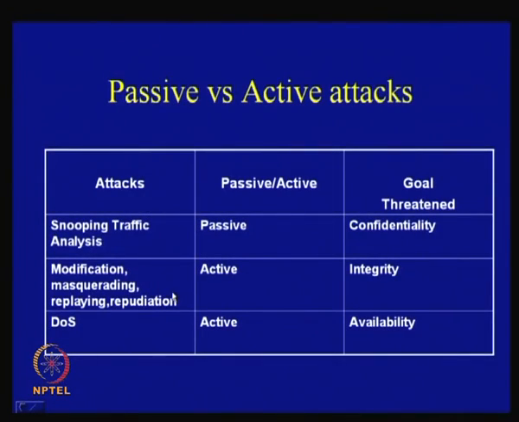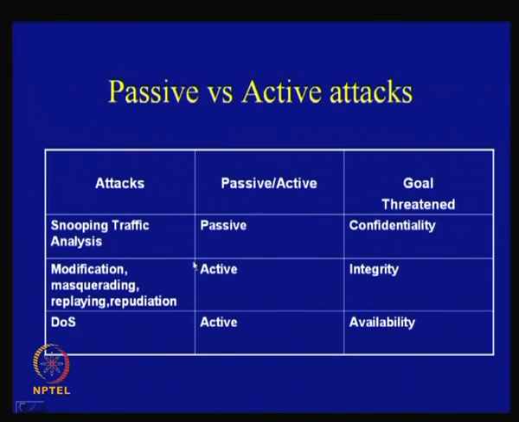In place of my own identifier, I am planting the identifier of another person who is legal to use the information. That also falls under active attacks because you are inserting information into the packet which you are not supposed to. Then replaying and repudiation are obvious examples of active attacks.